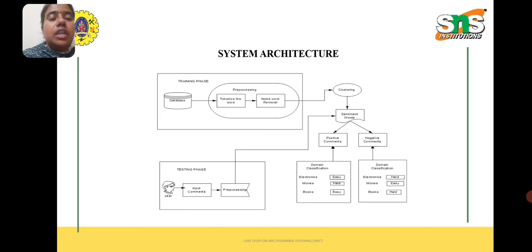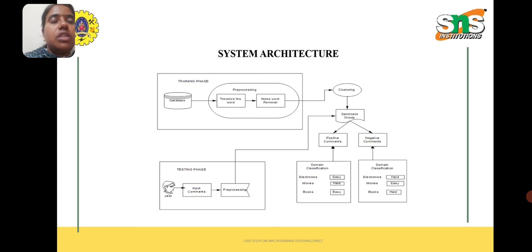So, here is the system architecture of sentiment classification. First of all, the training phase. All the data are collected into a database. From the database, pre-processing tokenizes the words. So, analyze the words. Then noise word removal.